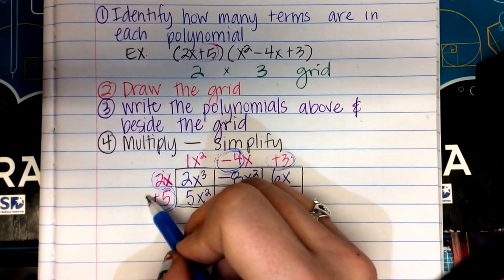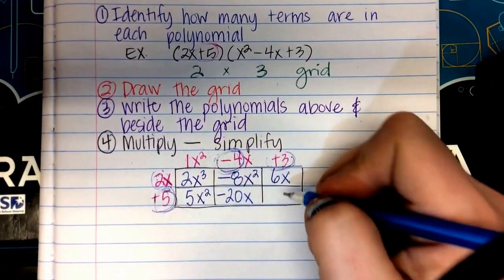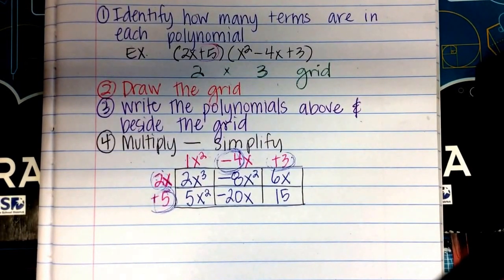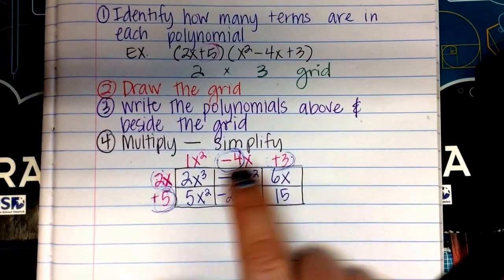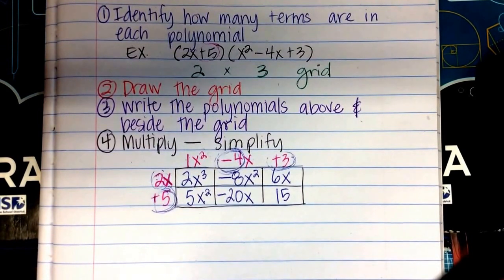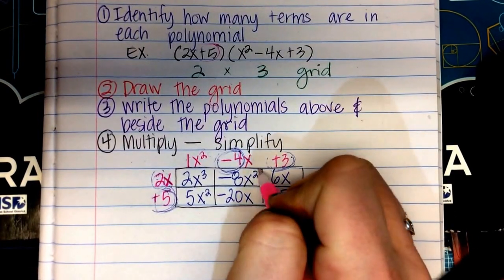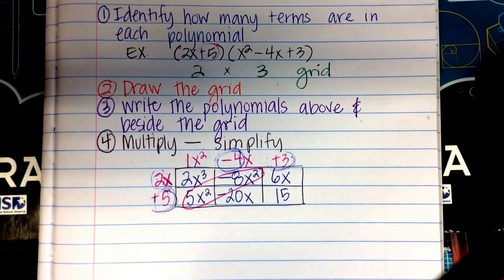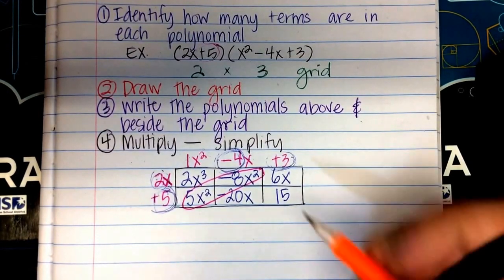And 3 times 5. We have 6 terms. Can any of them be combined? You typically look diagonal to see if anything can be combined. Sometimes they can, sometimes they can't.